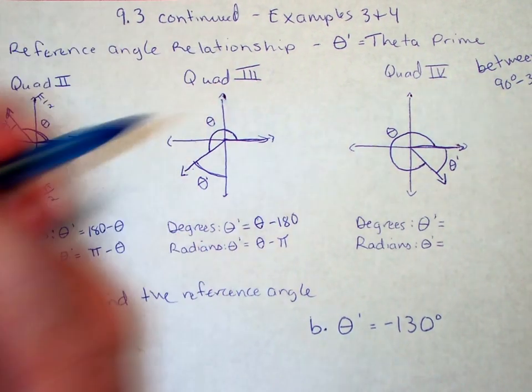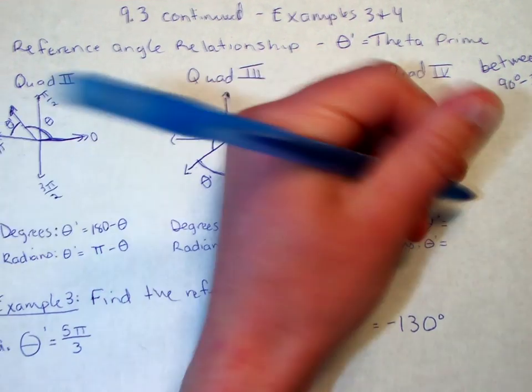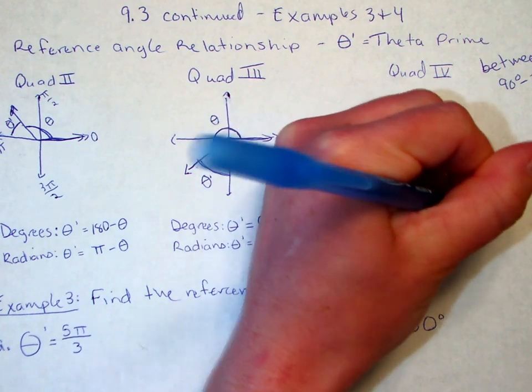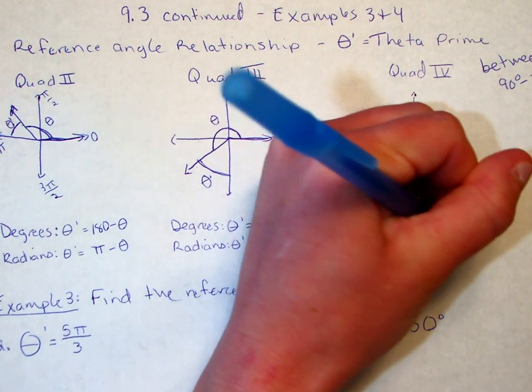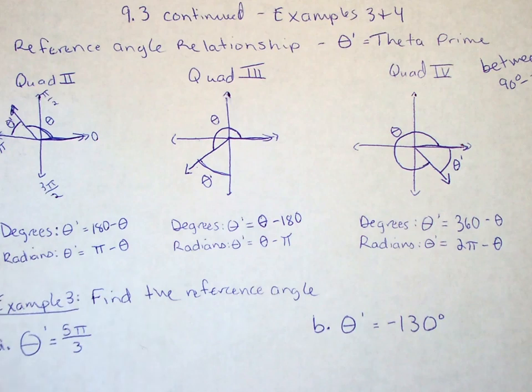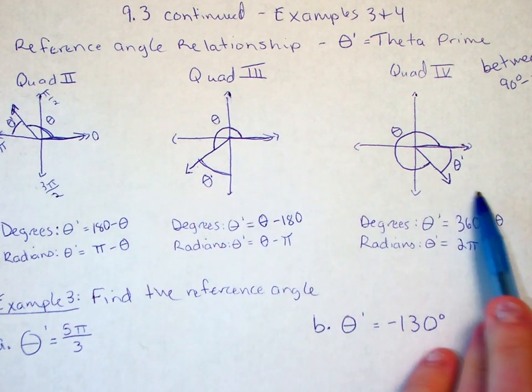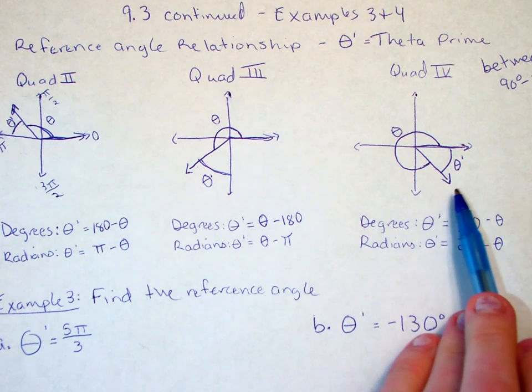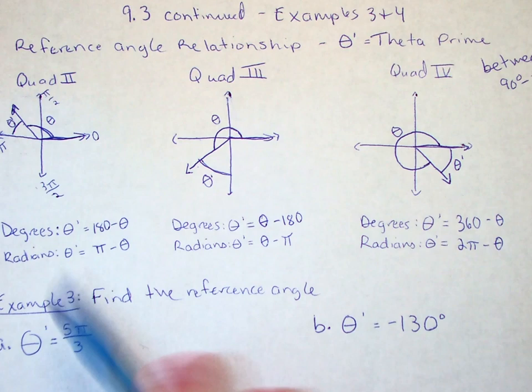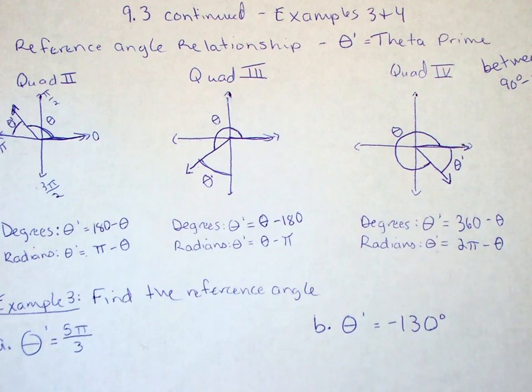Again, we want to avoid negatives, so it's going to be 360 minus theta, or 2 pi minus theta. You're going to use this a lot. This is also in the reference sheet that I added to the Google Drive yesterday, so keep that in mind. This is going to come in handy.